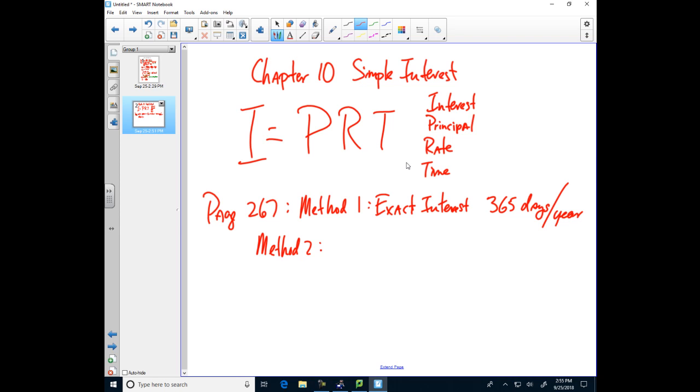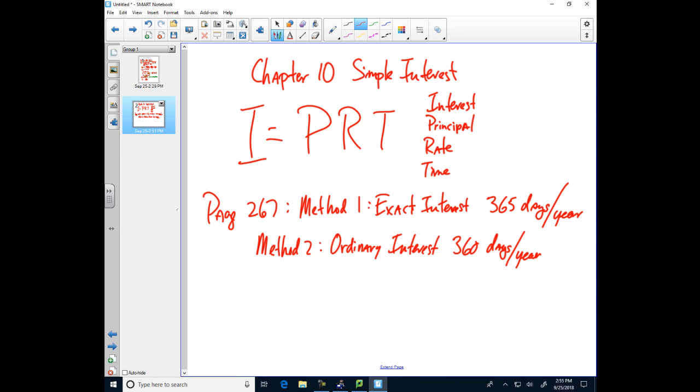Method 2 is called ordinary interest. Years ago, banks came up with this. The assumption is that there's not really 365 days a year, there's only 360.